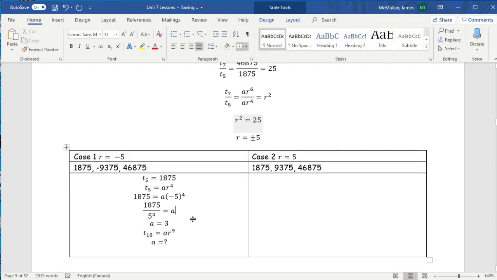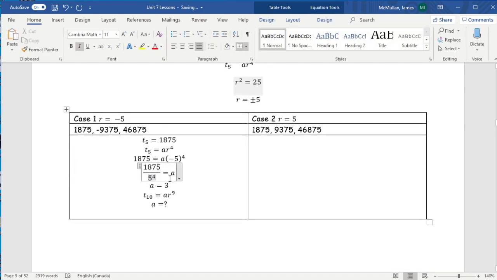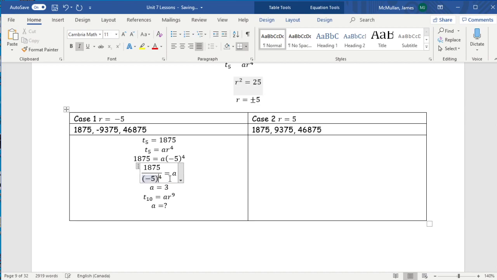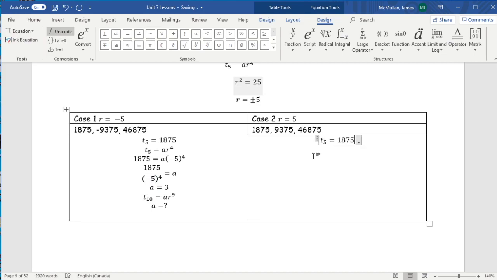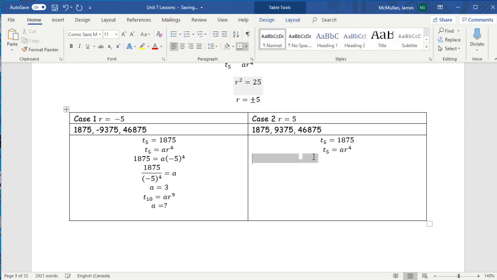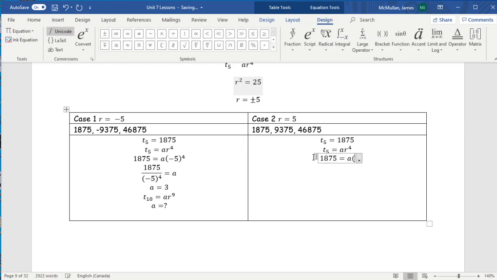Okay, now I guess I can leave this as a negative. It doesn't matter because it's an even power, but let's just so we're not confusing, let's write it like that. Now again, the same thing would be true here. 1875 equals A times 5 to the 4. So 1875 over 5 to the 4 equals A, and A equals 3.